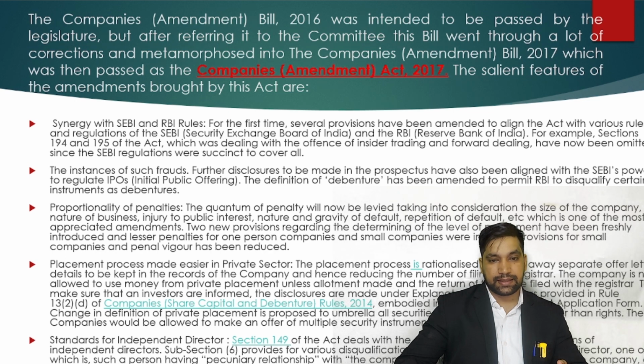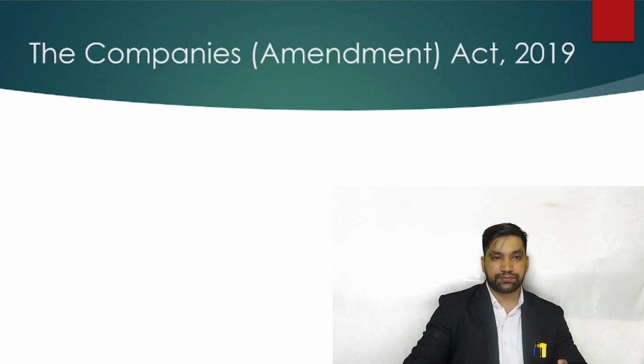The amendment clarified that the pecuniary relationship exclude the remuneration of the director having transaction not exceeding 10% of his total income or such amount as may be prescribed. So ये चीजें वो लेके आए.